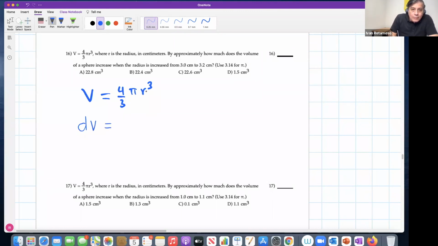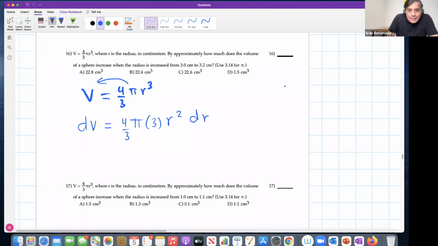Let me go from this relationship between volume and radius to the relationship between differentials. The differential of the volume will be the derivative: 3 comes down, multiplying the constant 4/3 pi, which just comes out. The derivative of this part: 3 comes down, r squared stays. That's the derivative. But then remember, you have to write dr. This is the relationship between the differentials.